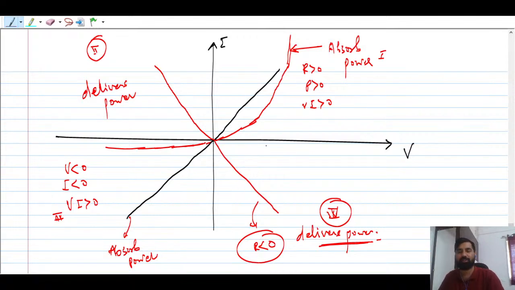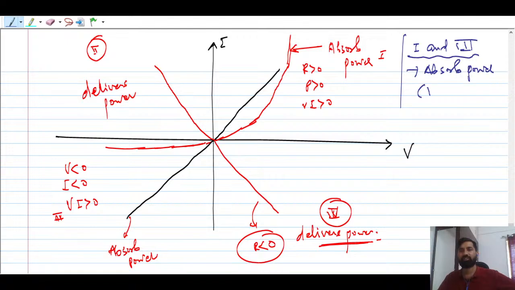So remember, if your IV characteristic belongs to the first and third quadrant, that element will absorb power, which means it is the passive element.